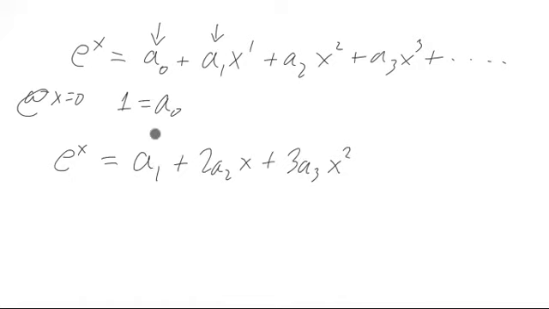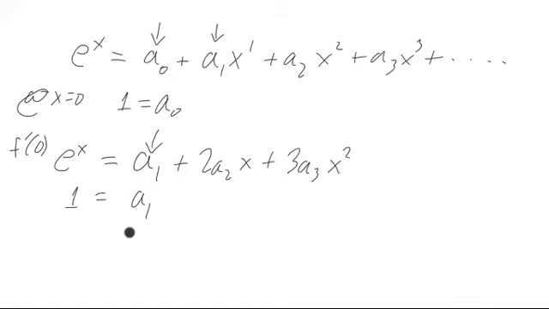So how do we find a1? Well, let's plug in x equals 0 now into the first derivative. So we plug in 0, and we see it's 1 equals a1, and all the rest is 0.